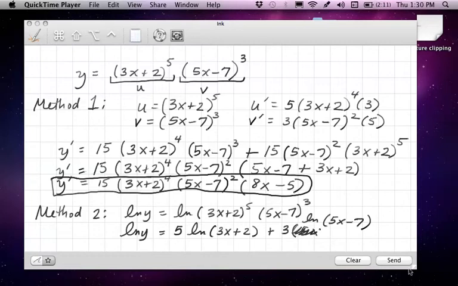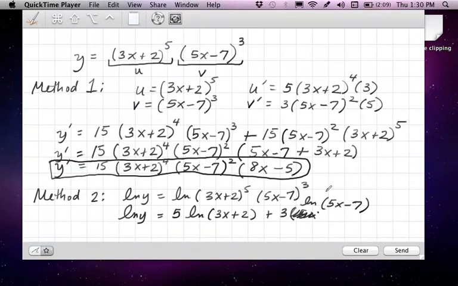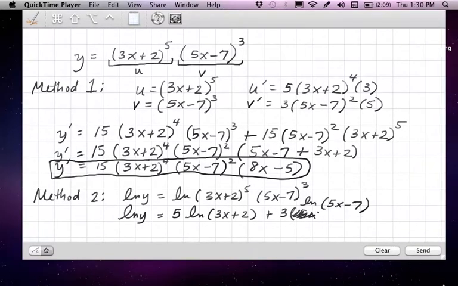And then I'm going to take the derivative of both sides. So if I take the derivative of both sides with respect to x, and I have to do this implicitly, the left side derivative, the derivative of natural log of y, is 1 over y. And then I need to make sure it's y prime because this is chain rule. Y is a function of x. And then this is actually quite easy to find the derivative.